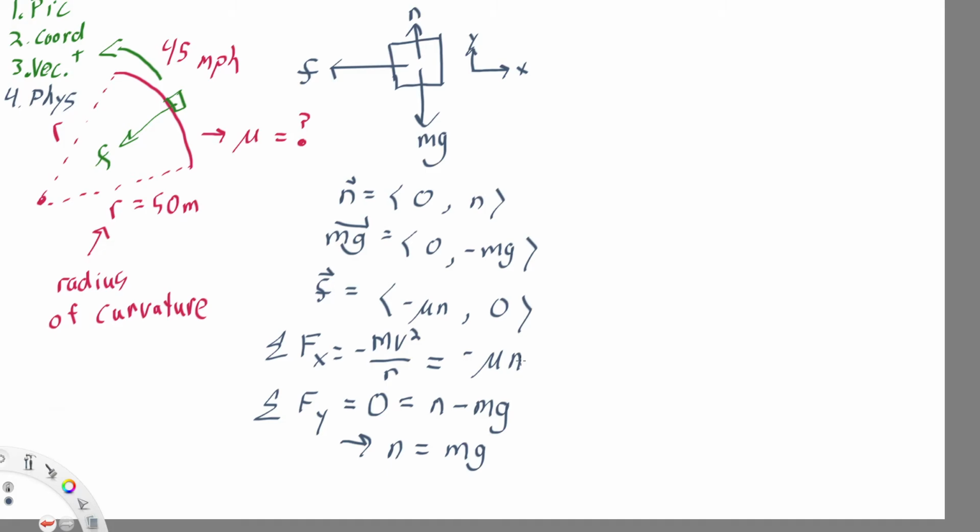So we expect the sum of forces in the y direction to be 0 just because there's no movement in the y direction. Our car isn't moving up or down in the vertical direction, and we would very much like our car not to move in the vertical direction relative to the road.